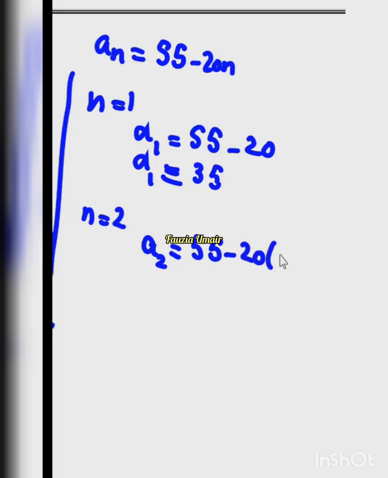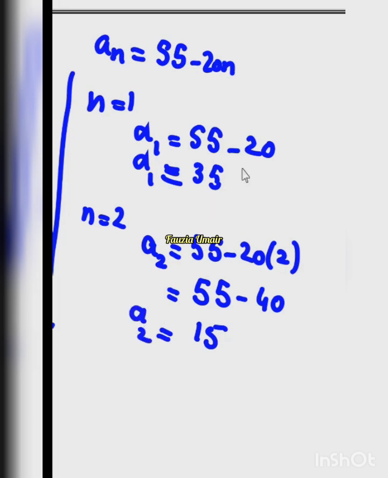So the second term of this sequence is 55 minus 40, which is 15. You can see the first term is 35, second is 15, so this sequence is decreasing by 20. N is equal to 3 because I need to find 3 terms.